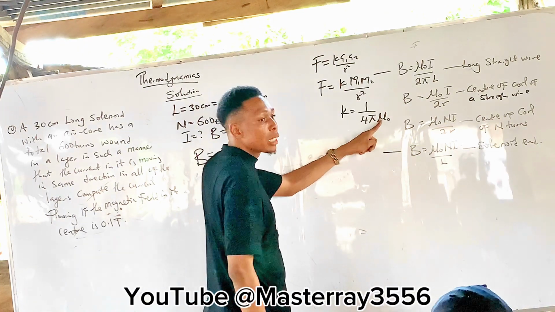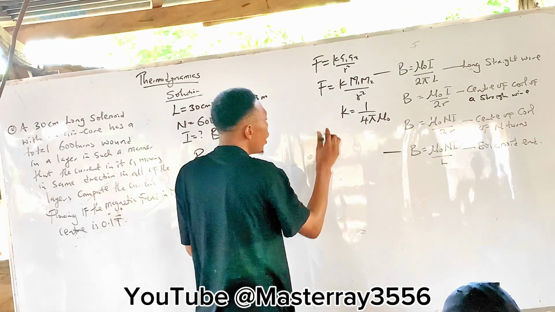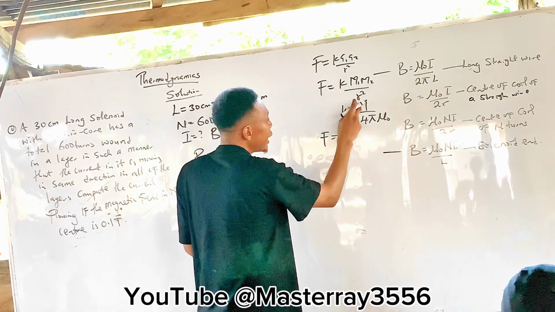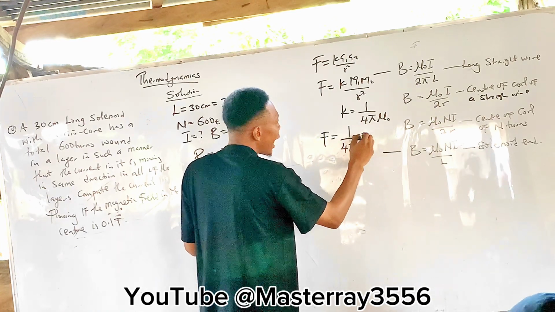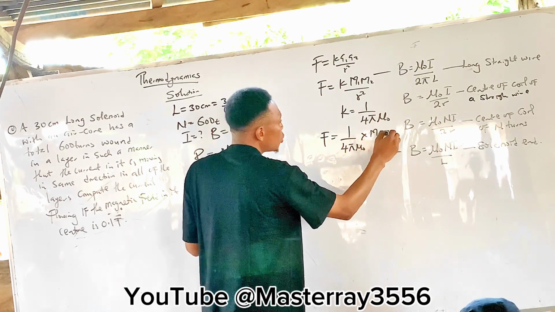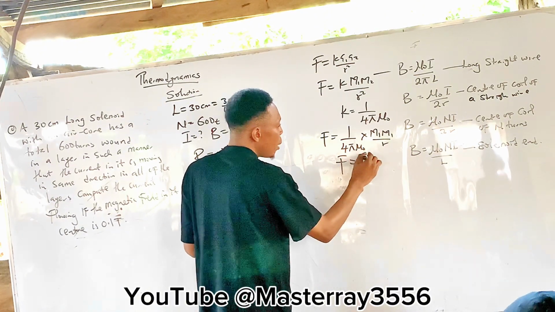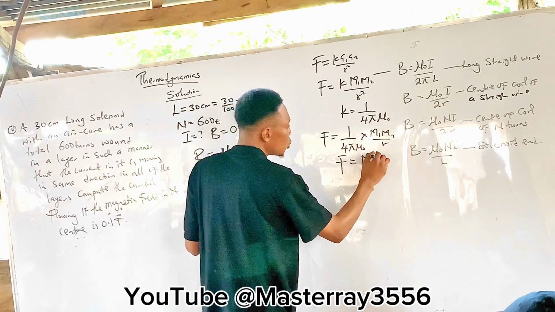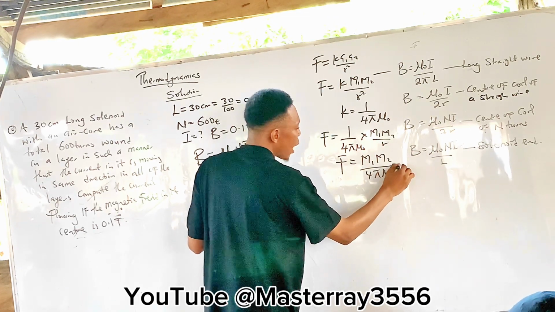In place of epsilon naught, you use mu naught. So F equals 1 over 4 pi mu naught times M1 M2 over R squared, which gives F equals M1 M2 over 4 pi mu naught R squared.